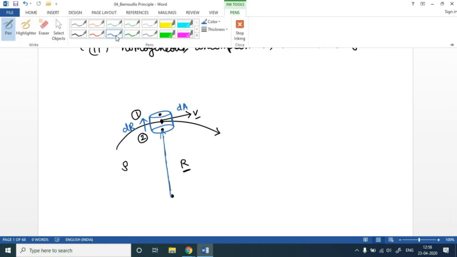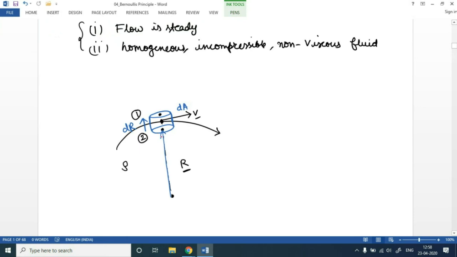The liquid from the lower side would be pushing it in this direction. Let's say the pressure here is P, so the force is P times dA. And the liquid from above will be pushing it in this direction, and let's say the pressure here is P plus dP, and multiplied with dA that is the force.